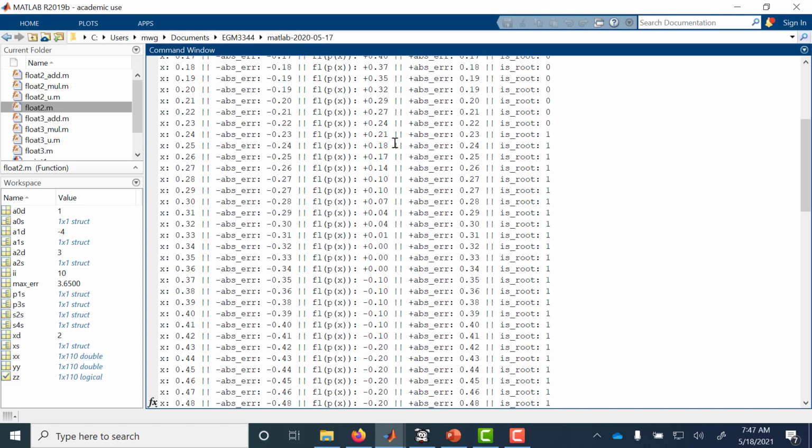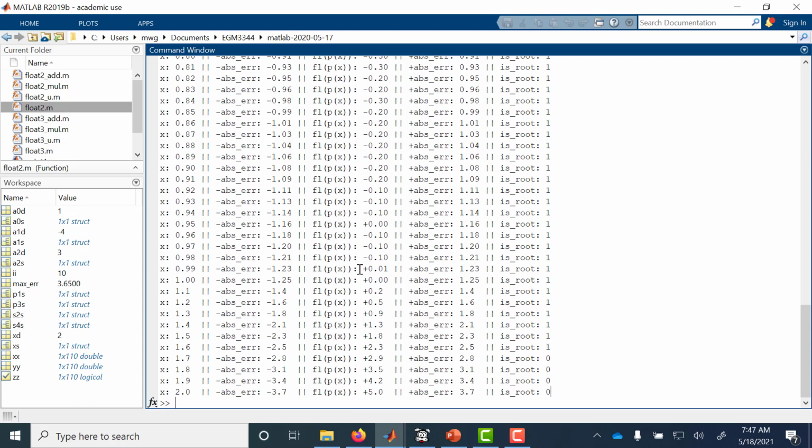And where the root turns on is back here at about 0.24 for x, because that shows the polynomial value is 0.21, and that is between minus 0.23 and plus 0.23. So right in there is where it turns on, and it doesn't turn off again until about 1.6.